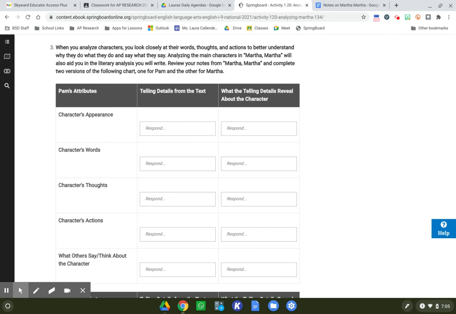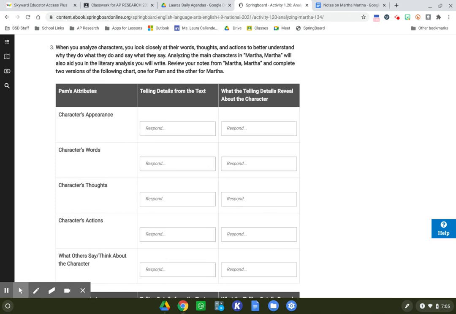The table that's in the Google Classroom, you're going to fill out, and it's exactly what you see here in the Springboard Digital. You're going to analyze each character by looking at their words, their thoughts, and their actions in order to better understand why they do what they do and say what they say.